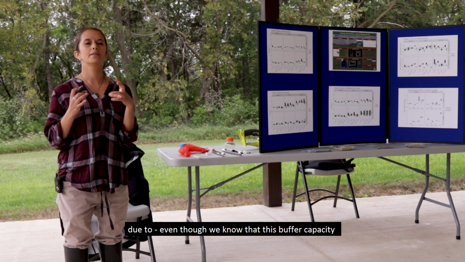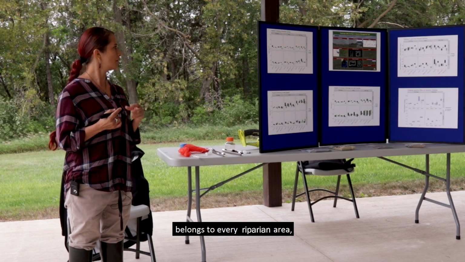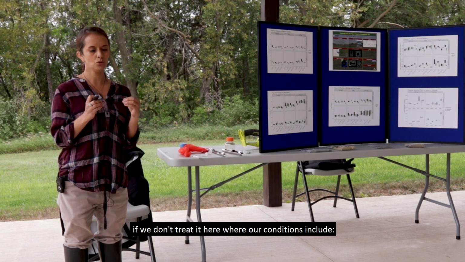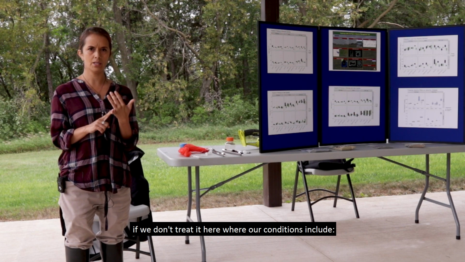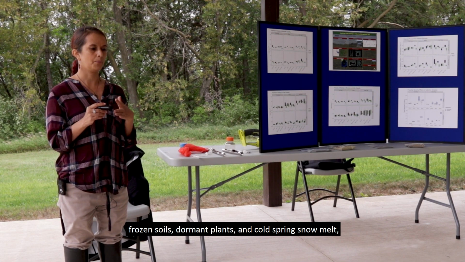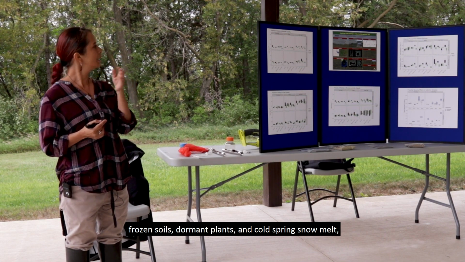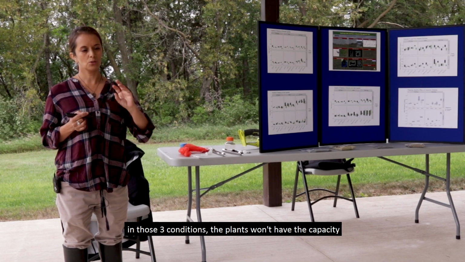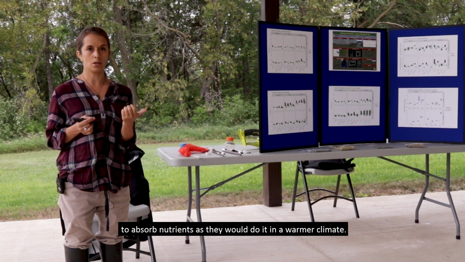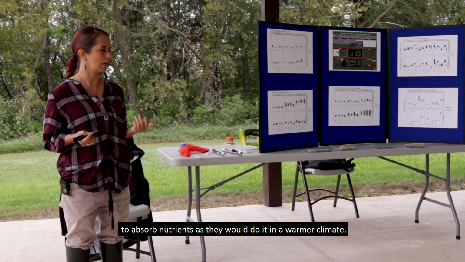Even though we know that this buffer capacity belongs to every riparian area, if we don't manage it here, our conditions include frozen soils, dormant plants, and cold spring snowmelt. Under those 3 conditions, the plants won't have the capacity to absorb nutrients as they would in warmer climates.